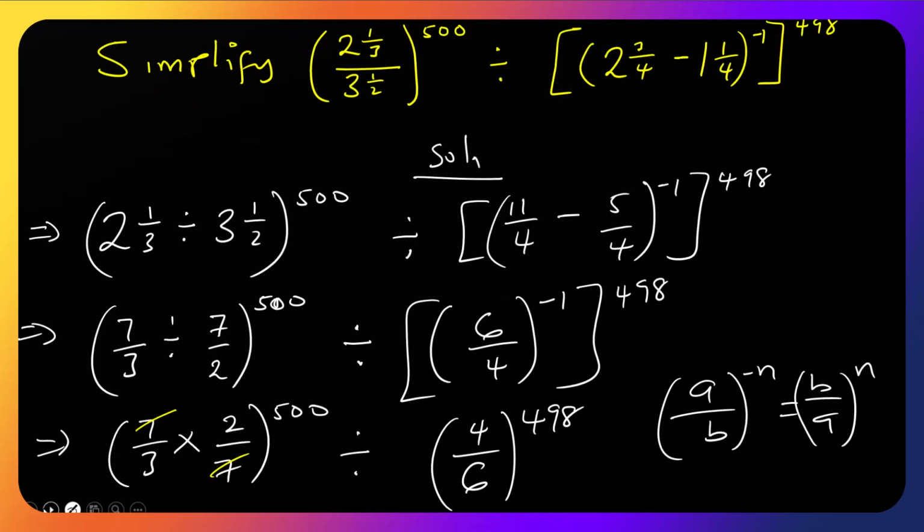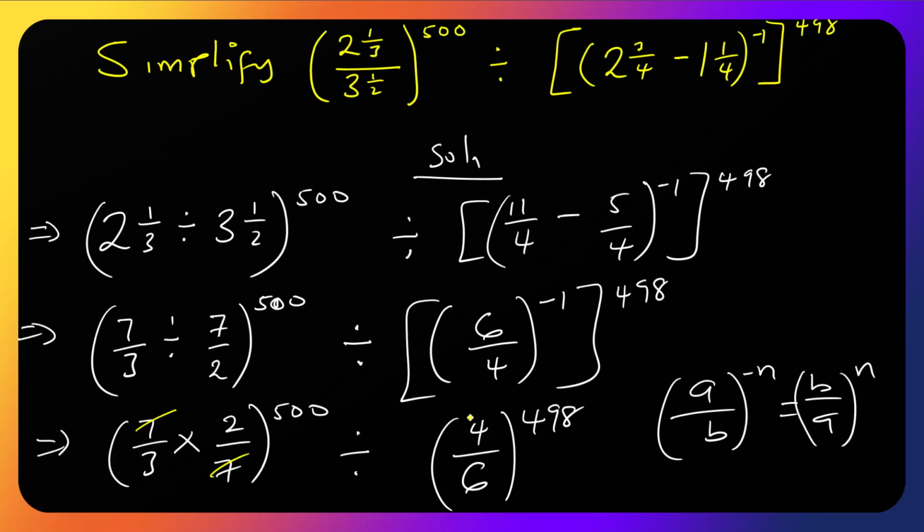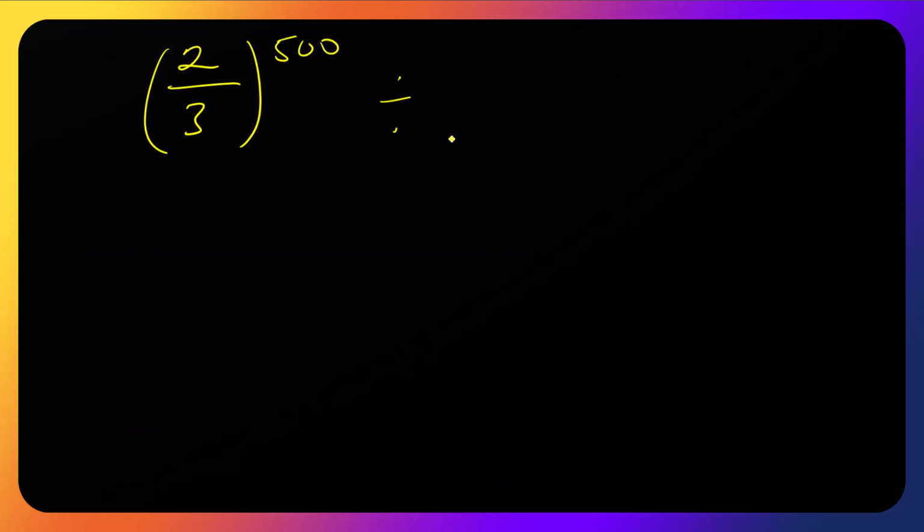2 on 3 raised to 500 divided by. So this side is still 2 on 3 raised to 498.